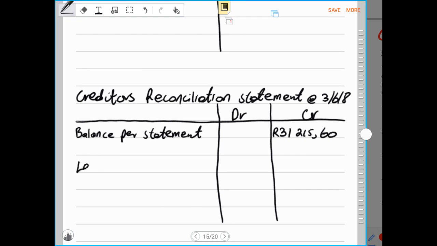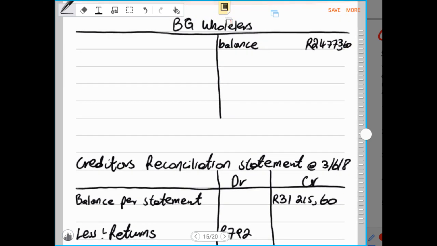Let me skip a line. Less returns, because returns are reducing our creditors. So now the amount of 792 will be recorded on the debit side. Remember, this amount was completely not recorded. So now we say, if we return inventory to the supplier, if we were doing this in a ledger account, it was supposed to be recorded on the debit side, indicating a decrease in our creditors.